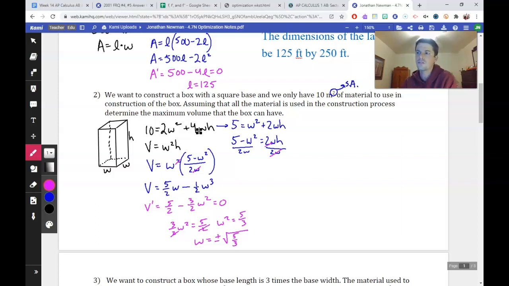But before we go much further, notice W is a width. So what does that minus mean? That means negative something. Width can't be negative. So it's important to always remember to do a plus or minus, but we really only need to think about the positive one because that's the only one that is going to be in the domain of our function, right?